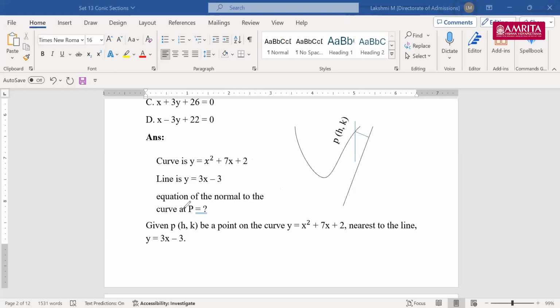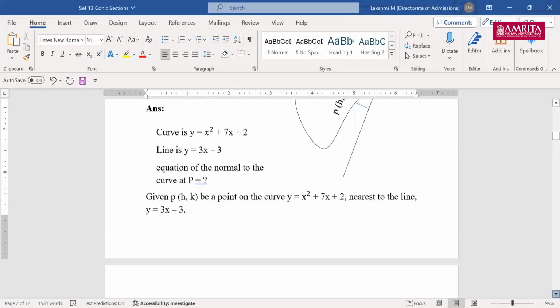We want to find out the equation of the normal to the curve at P. And the only clue is P of h, k is a point on the curve and the line, the nearest one, it's the nearest point, I think. Completely fine. I think somebody has given me the answer. Good. So yes, let's start solving this.